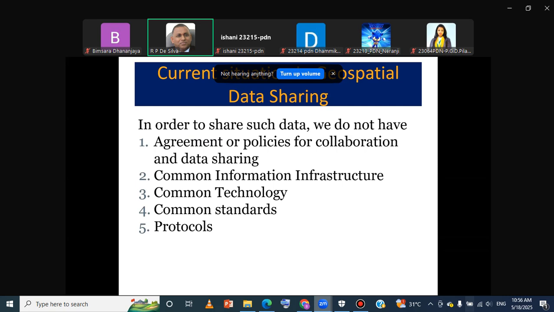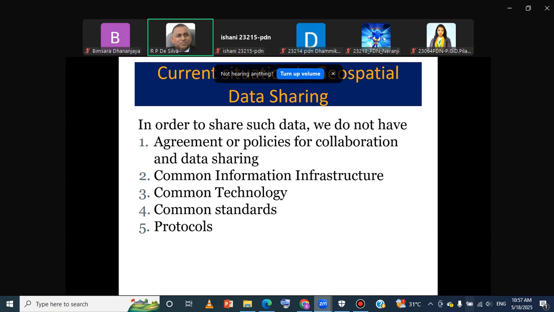We don't have a proper agreement in place or policies implemented which facilitate collaboration and data sharing. We don't have a common information infrastructure, not only for spatial data.